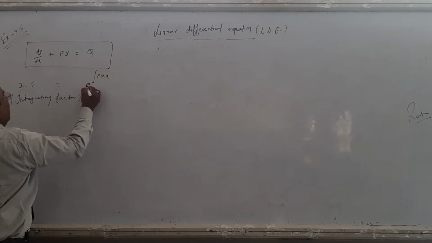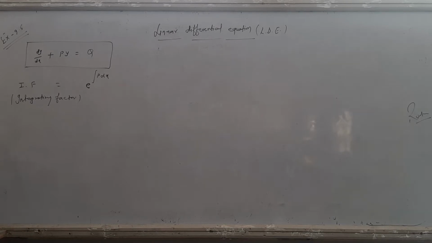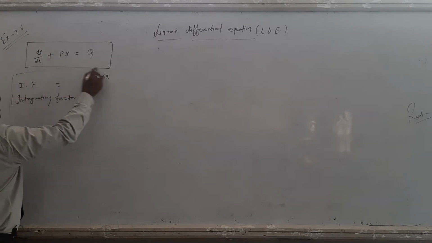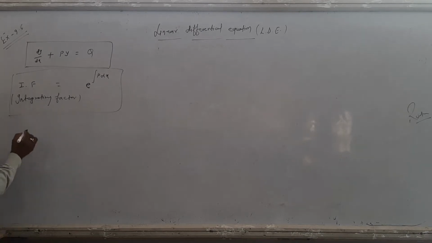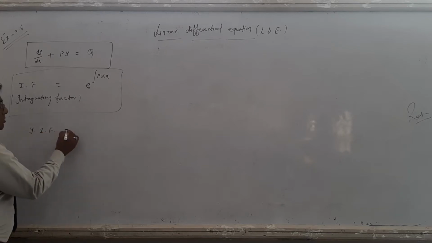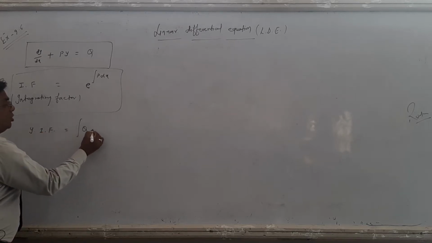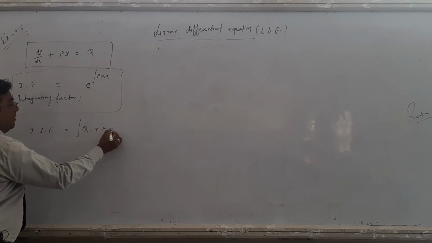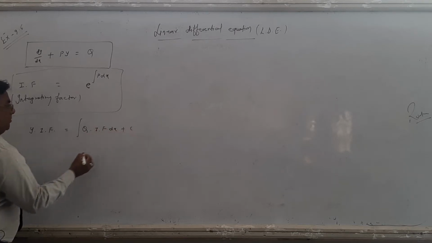What is the IF? That is integrating factor, e raised to power integration of p dx. And now the second formula is a general formula: y into IF equals to integration of q into IF dx plus c.